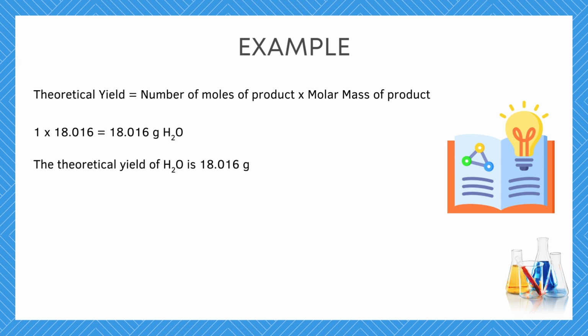Number of moles of product is 1 and the molar mass of the product is 18.016. So therefore, the theoretical yield of water is 18.016. That is the yield that has been written on paper, what we expect, and the maximum amount of product that can be formed from the limiting reactant is 18.016. I hope you are following.